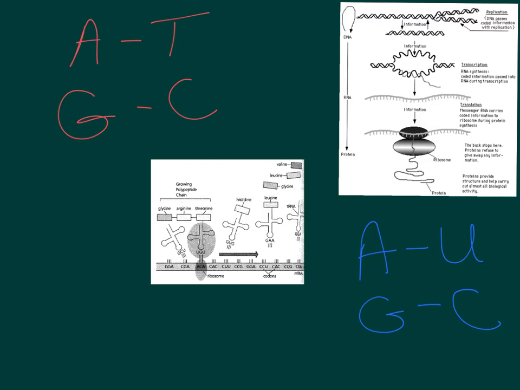Again, to remind you that DNA has this information in the form of a gene. The gene, remember, has a promoter region for transcription, the coding sequence, and then the termination sequence. That DNA can be opened up just like in DNA replication, but this is transcription.